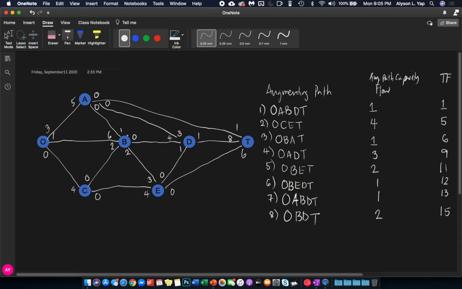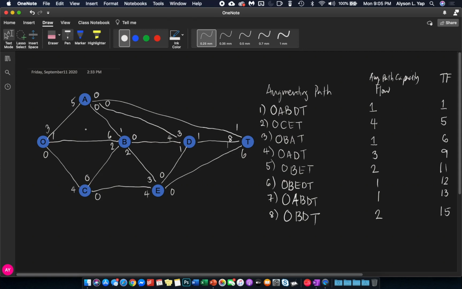Are there still augmenting paths? What I'd like you to do is to pause the video and check for yourself if there are still augmenting paths. If you were able to check, I hope you were able to conclude that there are no more augmenting paths.